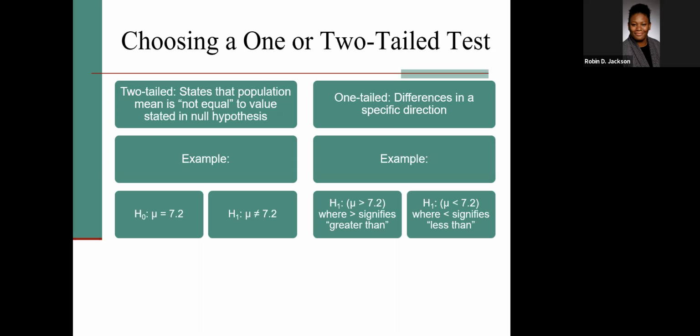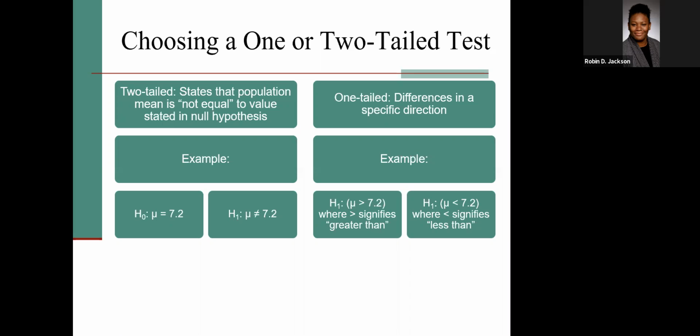So the one where it was people who have received alcohol treatment, and we were looking to see if they were different from the community in terms of absenteeism. Well, the null hypothesis is that the population of treated alcoholics is no different from the community as a whole, because what you're looking at is are there differences or are there no differences?